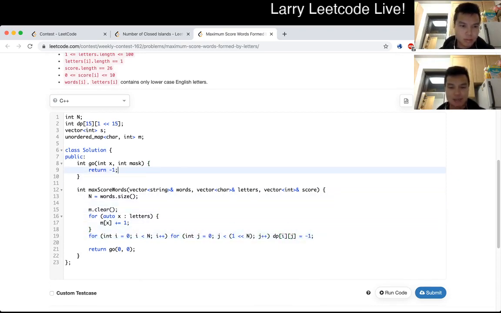Here this is very standard dynamic programming, though that's not how I end up solving it. Spoiler alert.